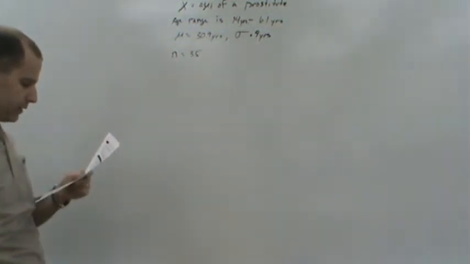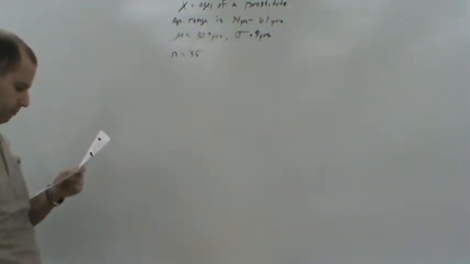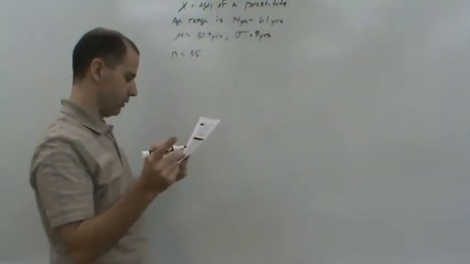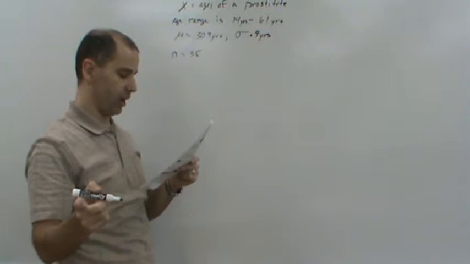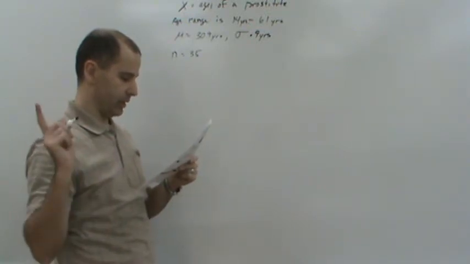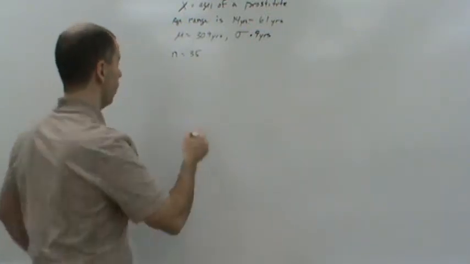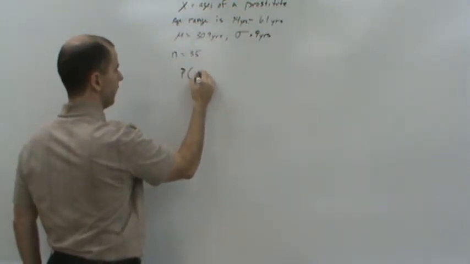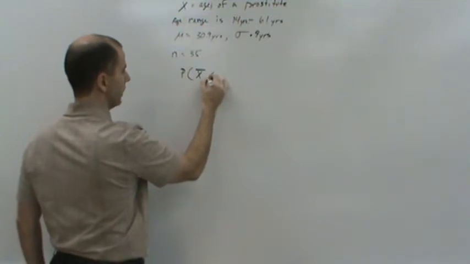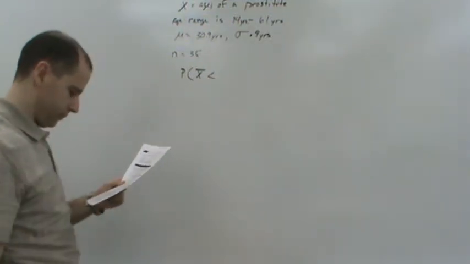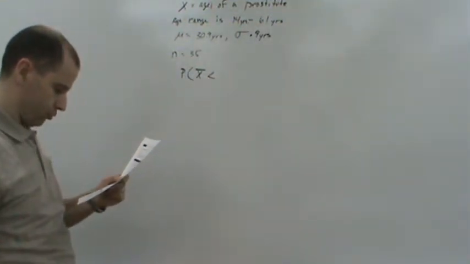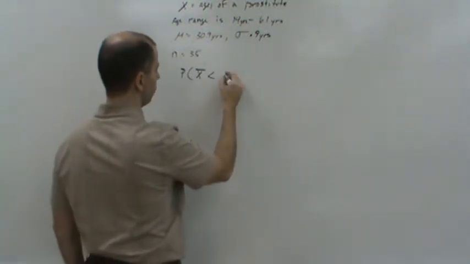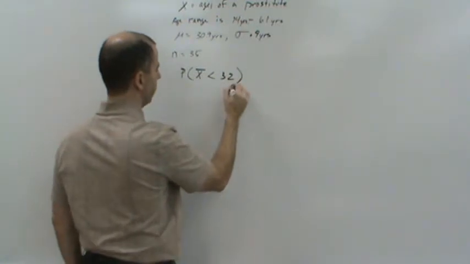Now let's find the probability that x bar is less than 32.